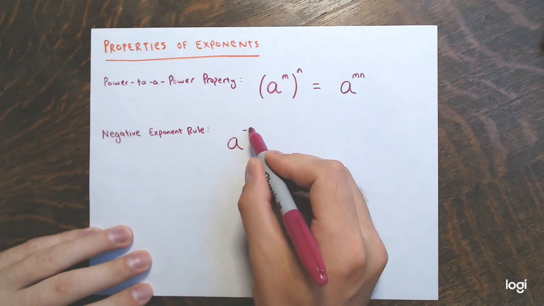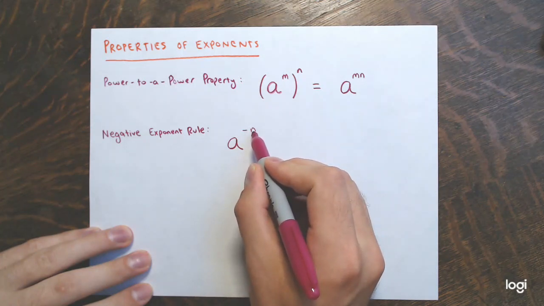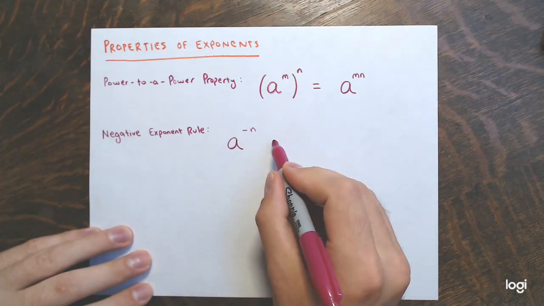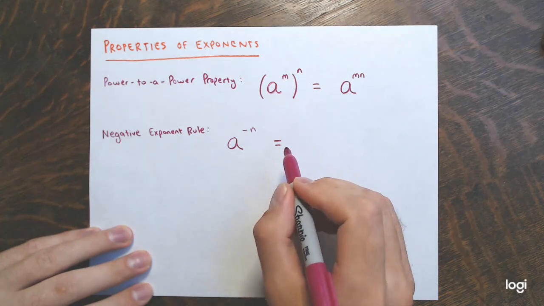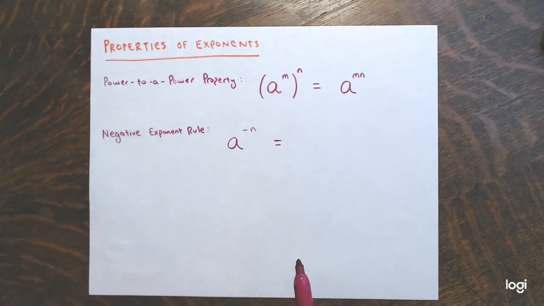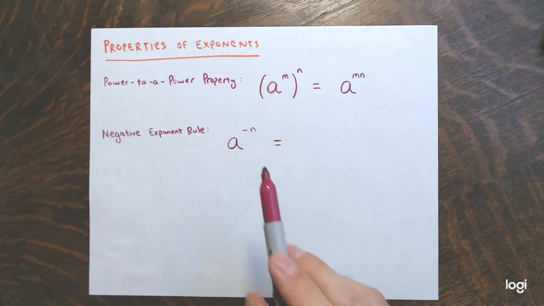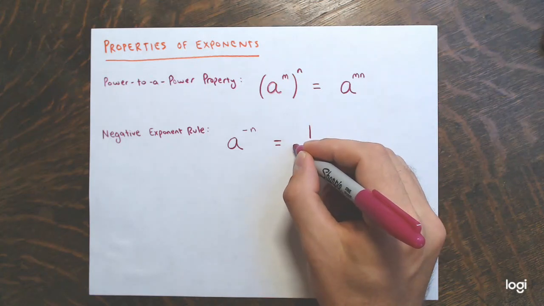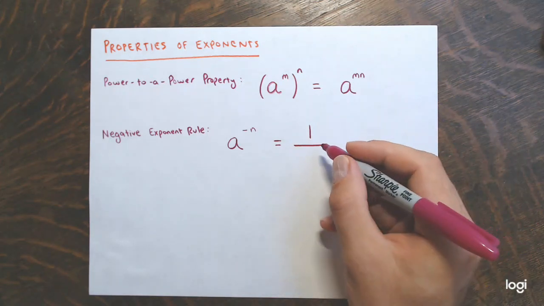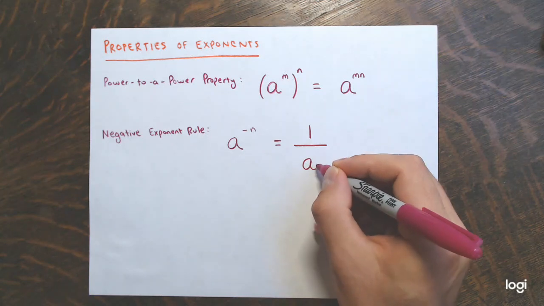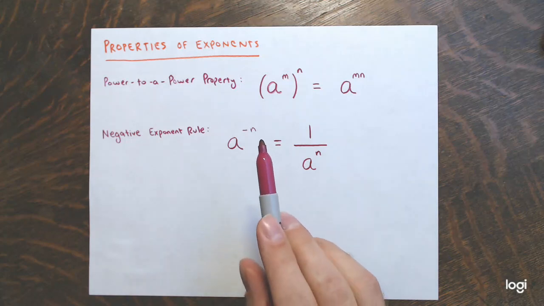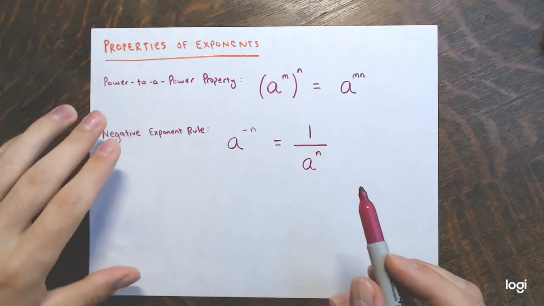So suppose n is a positive number, and then I make it negative by putting a negative sign in front of it. This is equivalent to the reciprocal of the positive power. So a to the negative n is just 1 over a to the positive n. And we're going to see this rule will hold for fractions.